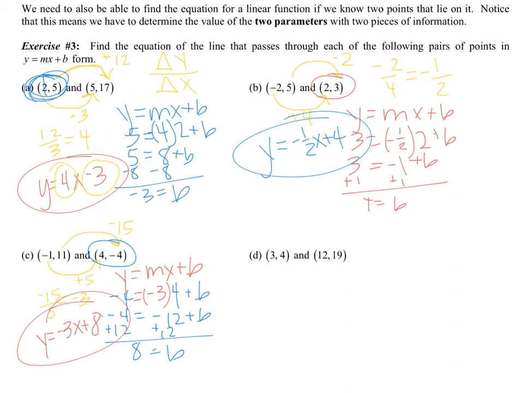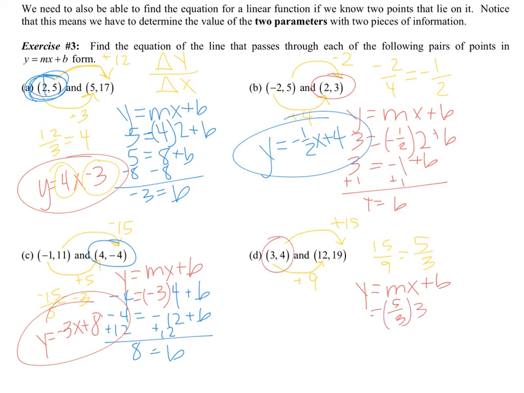And our last one, from y to y is +15. From x to x is +9. So 15 over 9 reduces down to 5 over 3. Instead of y equals mx plus b, we are putting 5/3 in for the m.